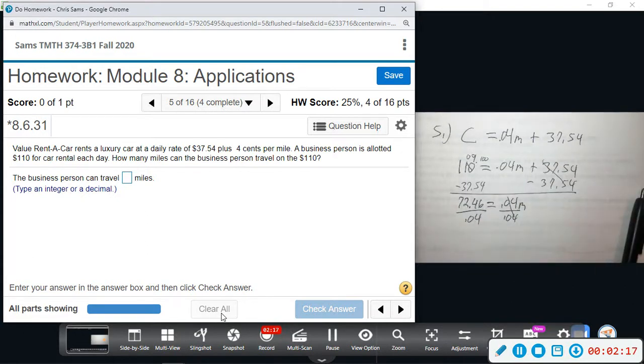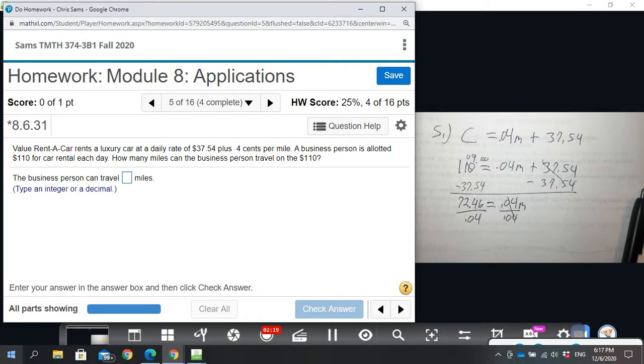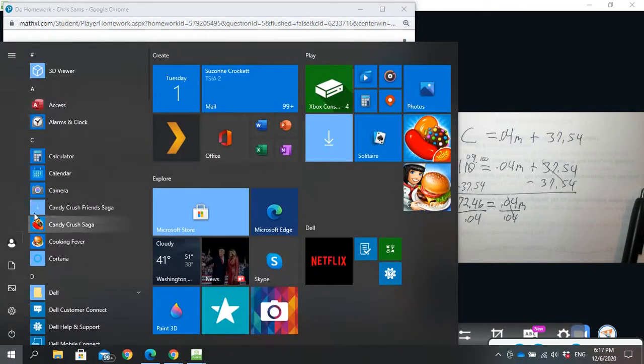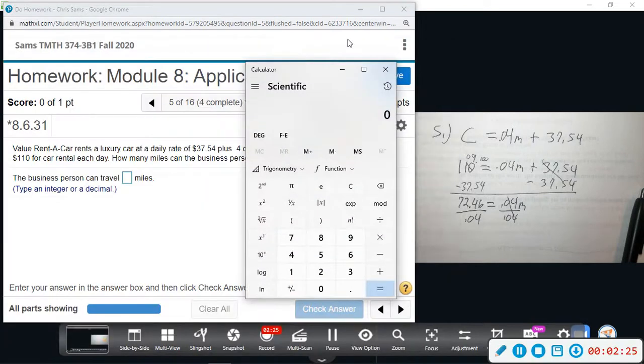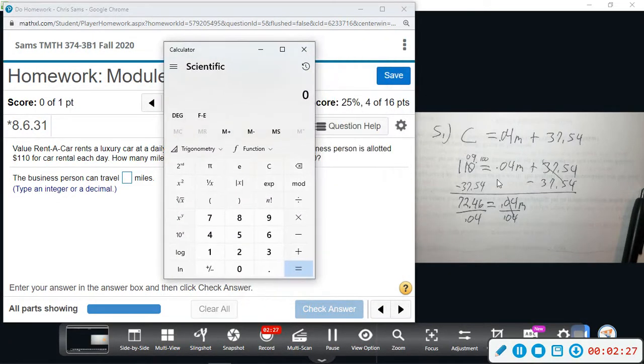Just to speed up the process, we're going to pull up this basic calculator and check what we've already done. So I'm going to do 110 minus 37.54, verify that we get 72.46, and then divide that by 0.04.